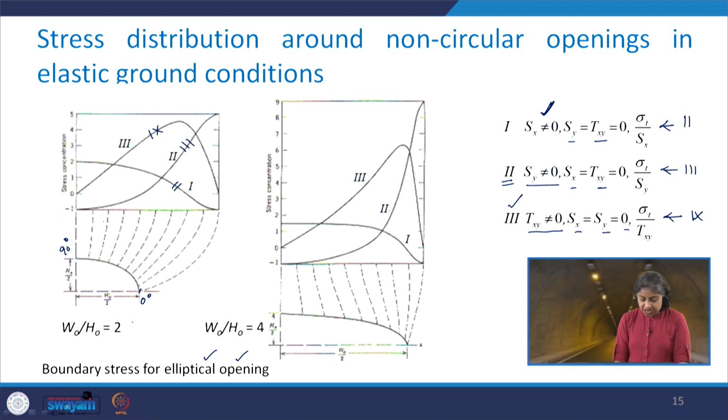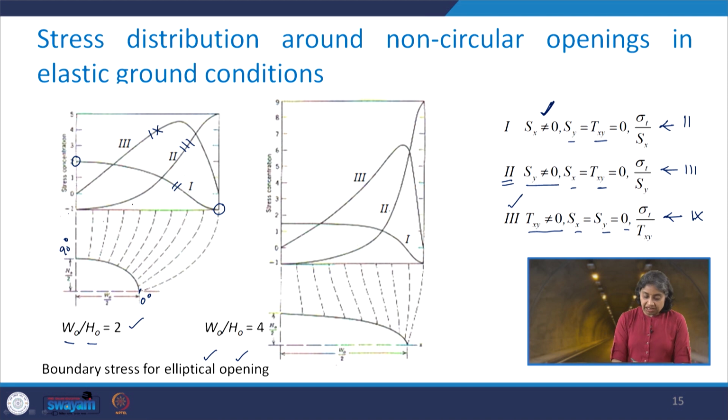So here the first figure deals with the ratio W naught by H naught equal to 2, and then you can see that at the boundary, at beta equal to 0, the stress concentration is -1, and at beta equal to 90 it is 2.